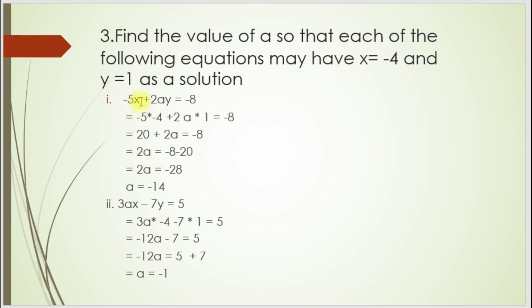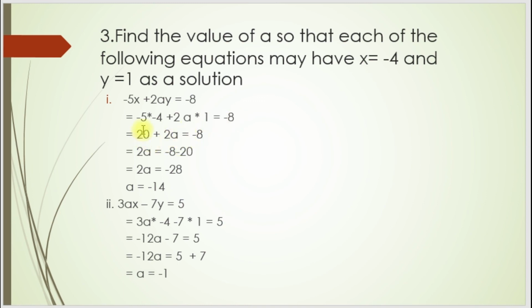First question, minus 5x plus 2ay equal to minus 8. Instead of x, you put minus 4, and instead of y, you put 1. So, minus 5 into minus 4 plus 2a into 1 equal to minus 8. Minus 4 into minus 5 is equal to 20. 2a into 1 is plus 2a, equal to minus 8.